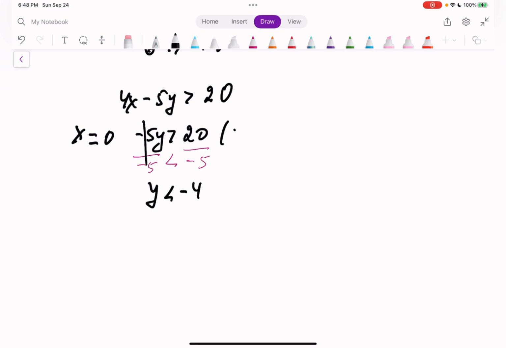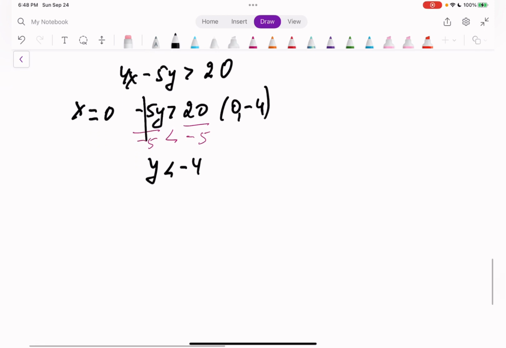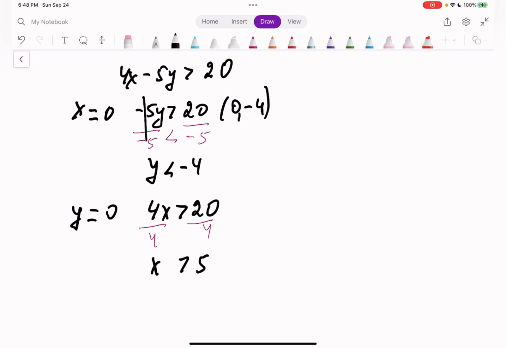So I'm getting 0, negative 4. That's the first point. Now, second point, y is equal to 0. We are getting 4x greater than 20, divided by 4. I'm getting x is greater than 5. So it's going to be x is 5, y is 0. All right? So 2 points. We can build the graph: 0, negative 4 and 5, 0.